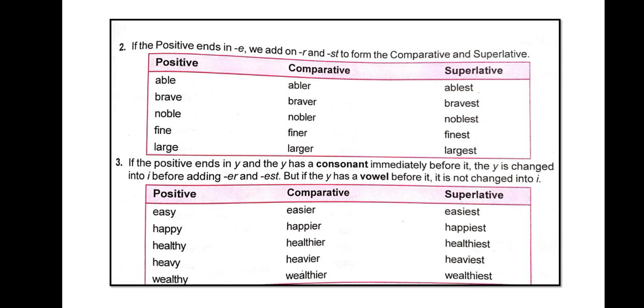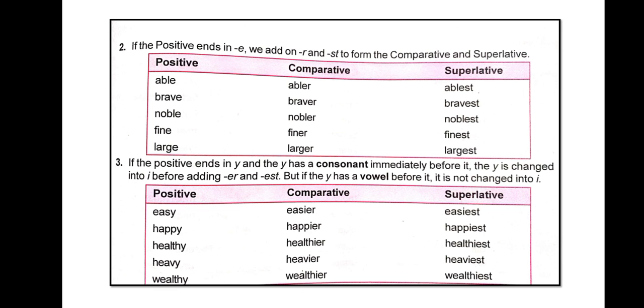Now, if any spelling ends with Y and there is a consonant immediately before it, we have to use I instead of Y, and then we add er and est.